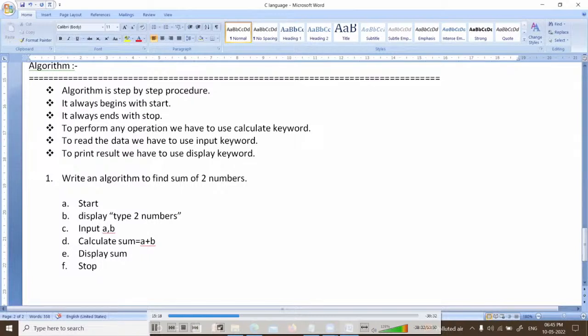C language provides 4 types of data types. C provides how many types of data types? 4 types. I will explain in a table. See this?